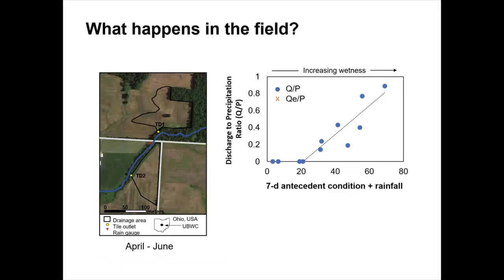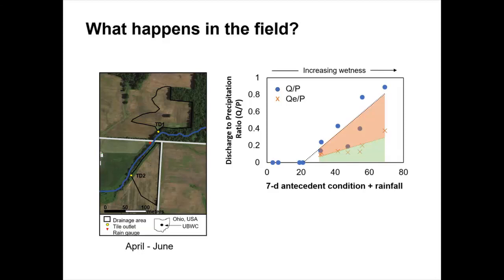So we wanted to know, well, what does that look like in the field? So we used the field data. So here's, again, just a metric for antecedent wetness and our discharge precipitation ratio. As it got wetter, we got more tile flow, just like we'd expect. And here are the values. Essentially, this would be that break point of those 2 bars for the field data.